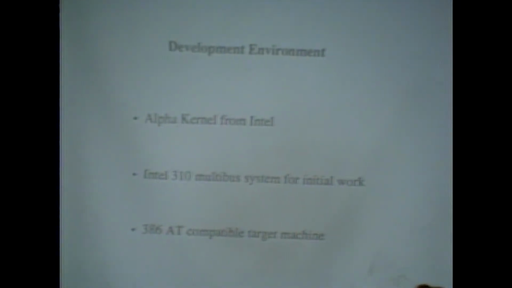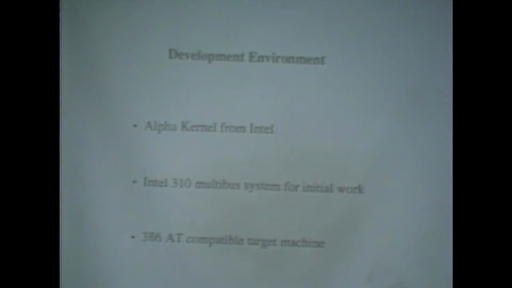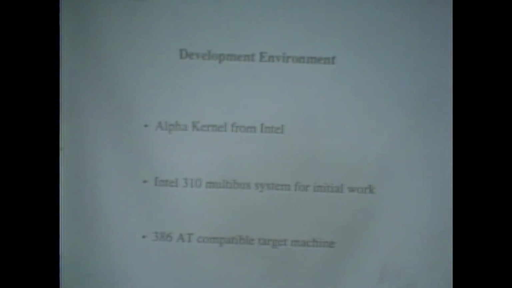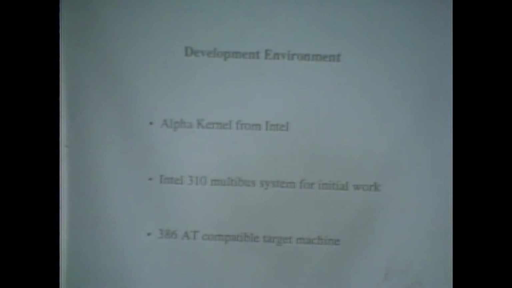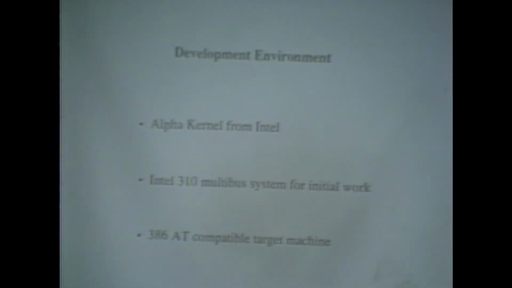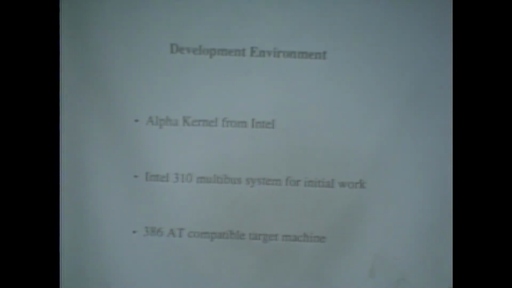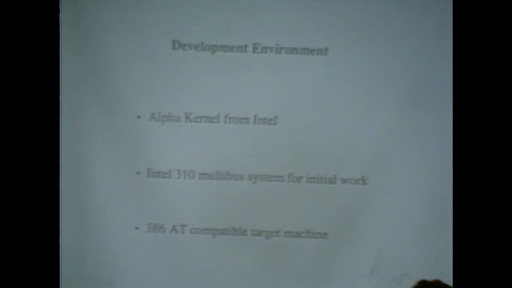We used an Intel 310-based system for much of the development work. That's our main workhorse system. The 386 processor is very fast, so this small system offers approximately 5 times the CPU performance of a VAX 750, although the disks and so forth are not of the same comparable capabilities. The actual target machine, again, was an AT-compatible machine with an Intel 386 processor.